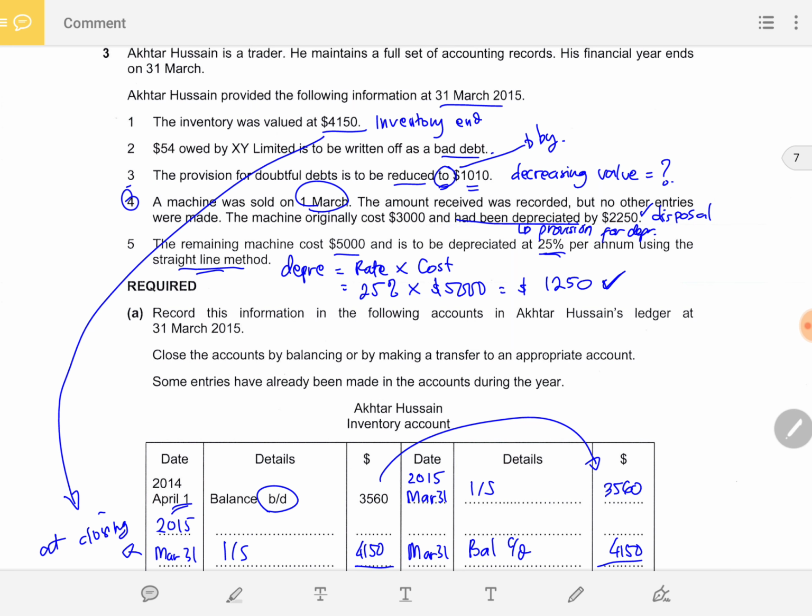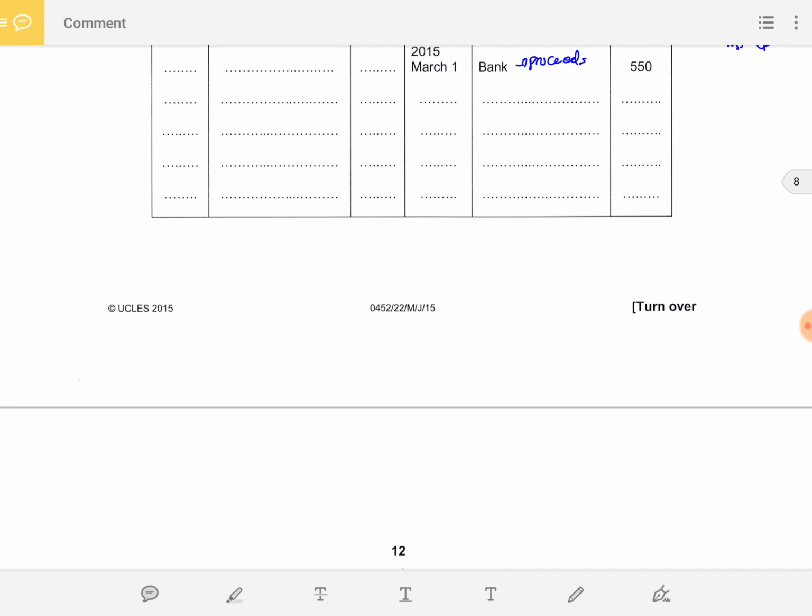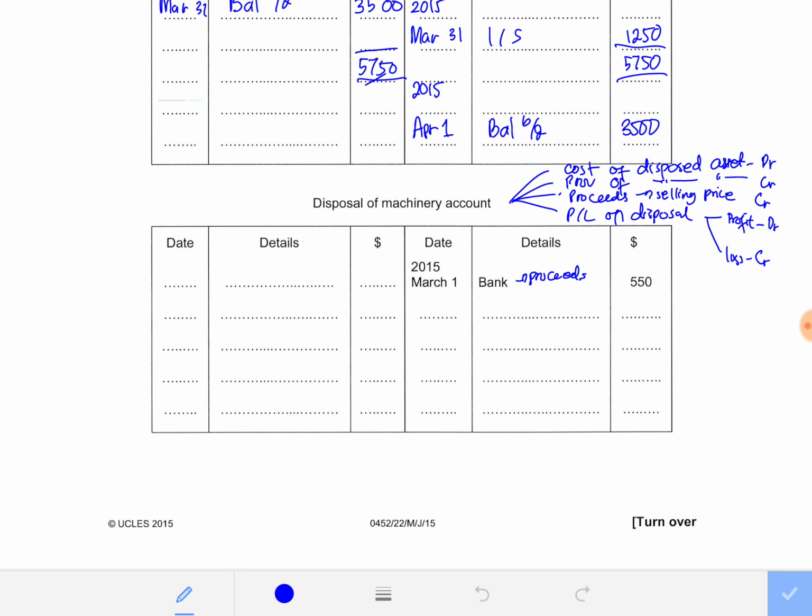So I go back to the disposal account, and then on 2015 March 1st, I'm going to put machinery at cost of 3,000, and then on the same date we have provision of 2,250.